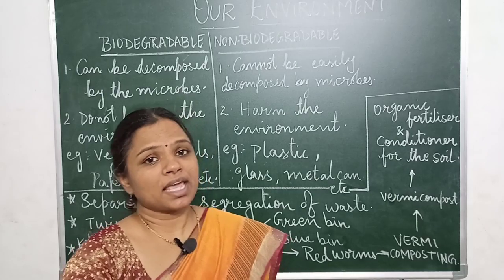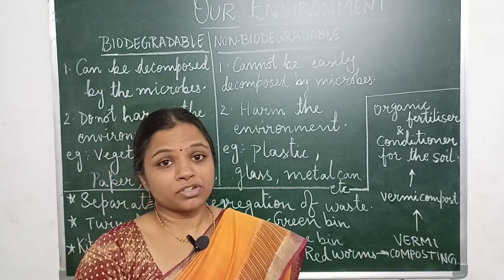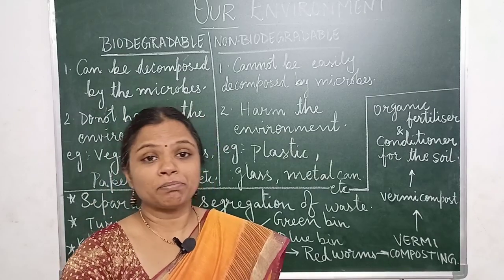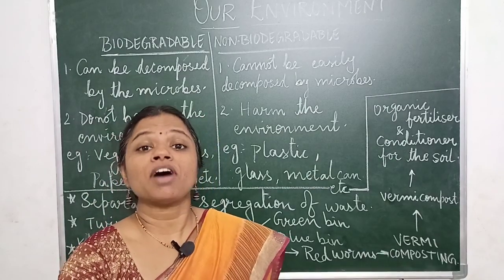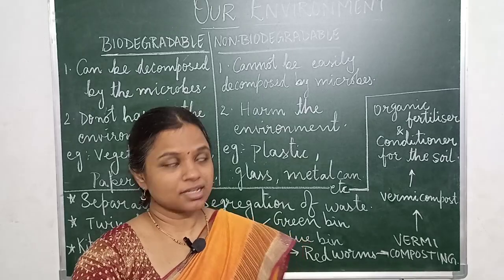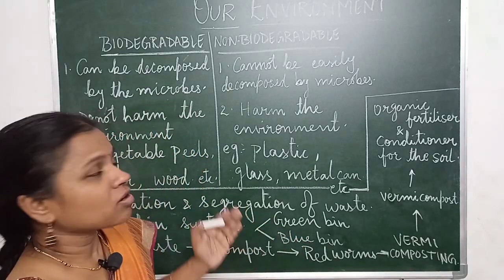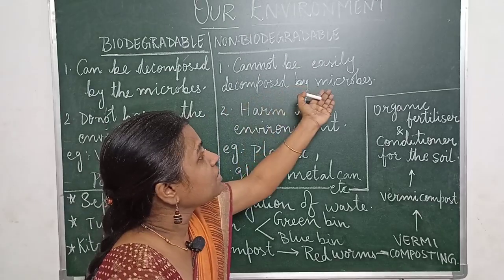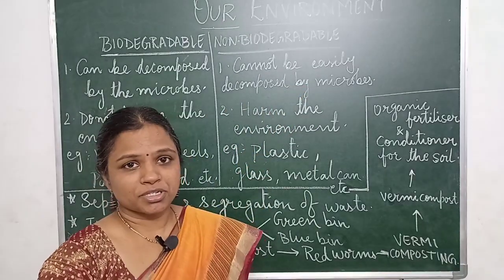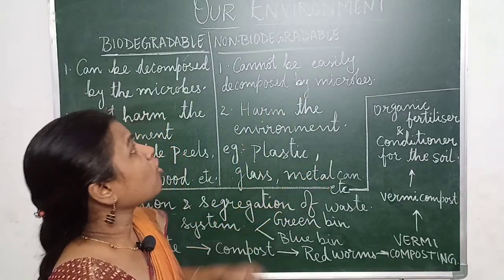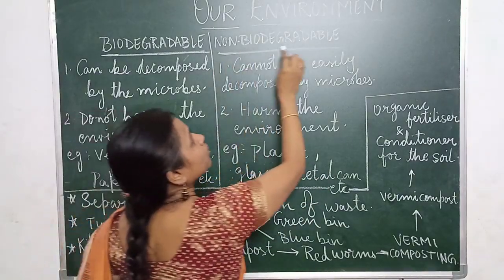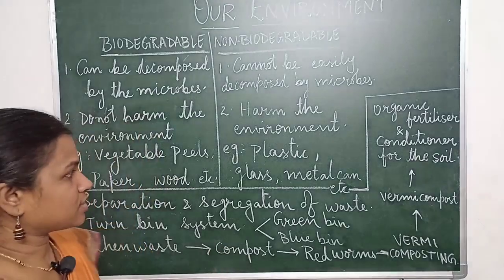Now, after 2 months, if you go there and dig it up in the same place, you find the plastic paper there itself, unchanged. Yes, this plastic paper or cover cannot be decomposed easily by the microorganisms. Such types of substances are called non-biodegradable substances.